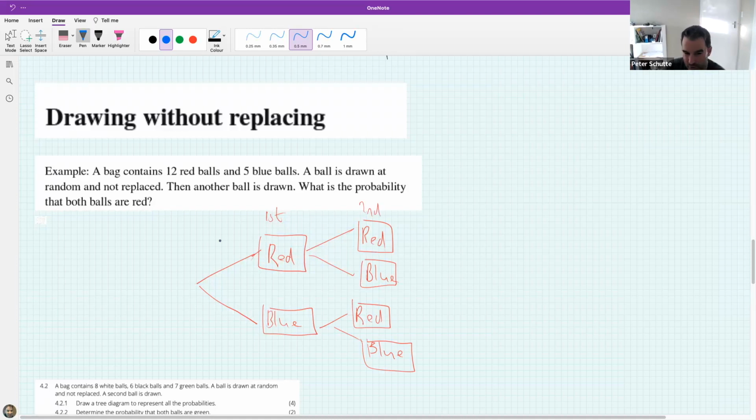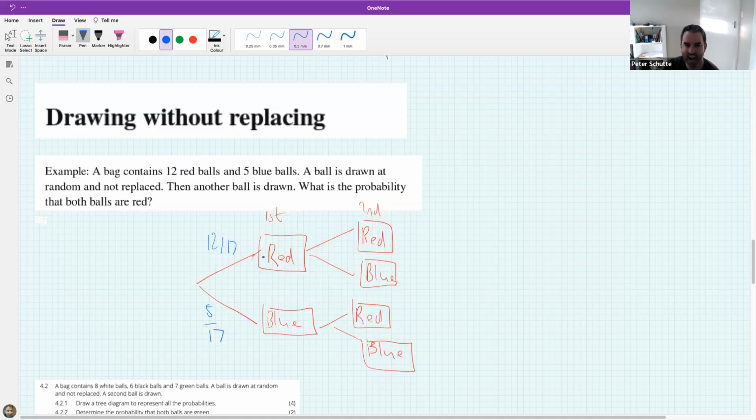So actually the first throw has to be the same because nothing is different. My very first throw is going to be 12 out of 17 and 5 out of 17. So nothing really changes in this part, but the second part is a little bit different.